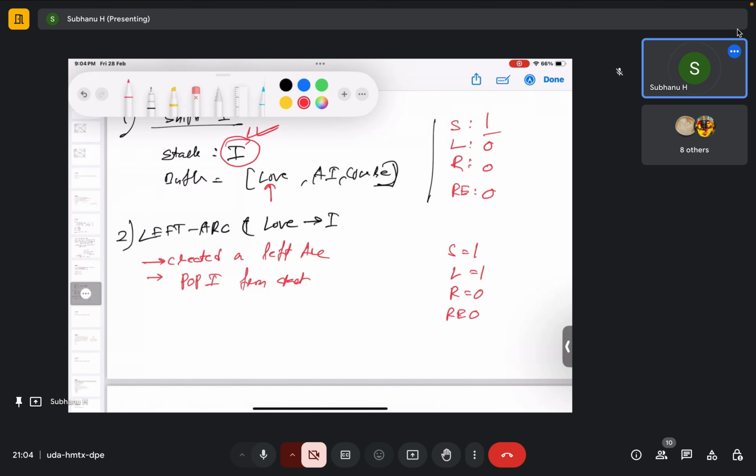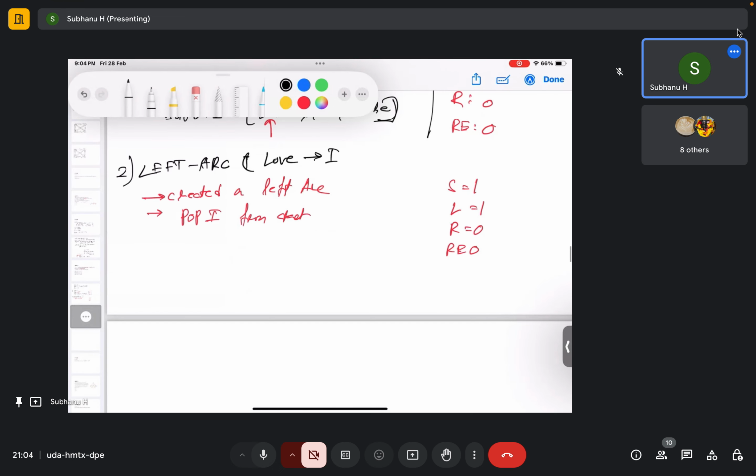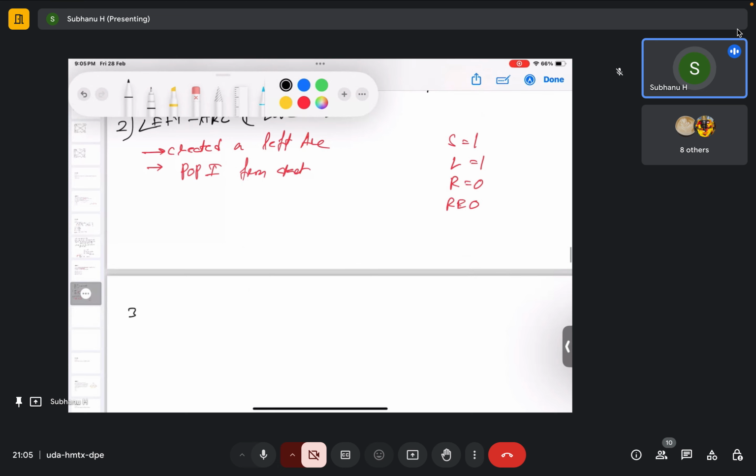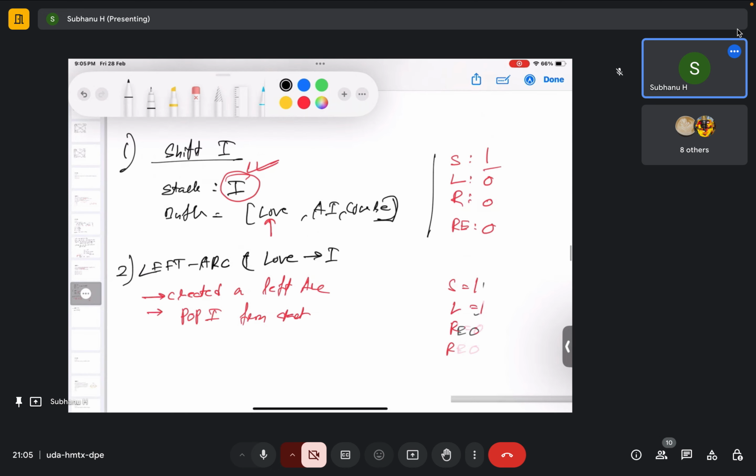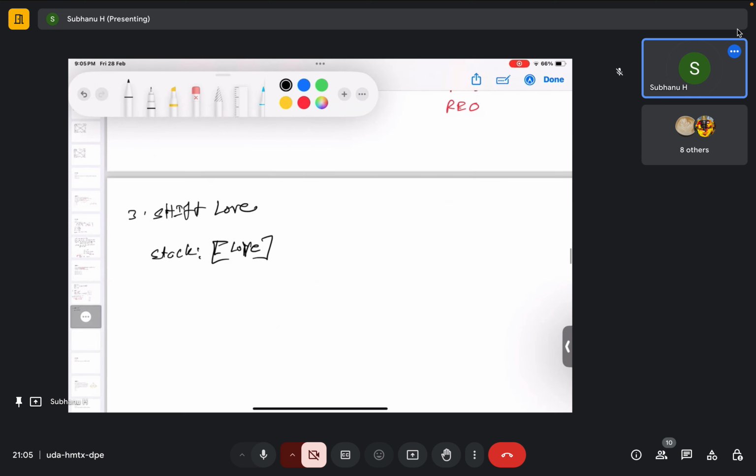Fine. Then in the third action, what will I have to do? I will do shift love. That means in my stack I will have love only, because I have already popped I from the stack.